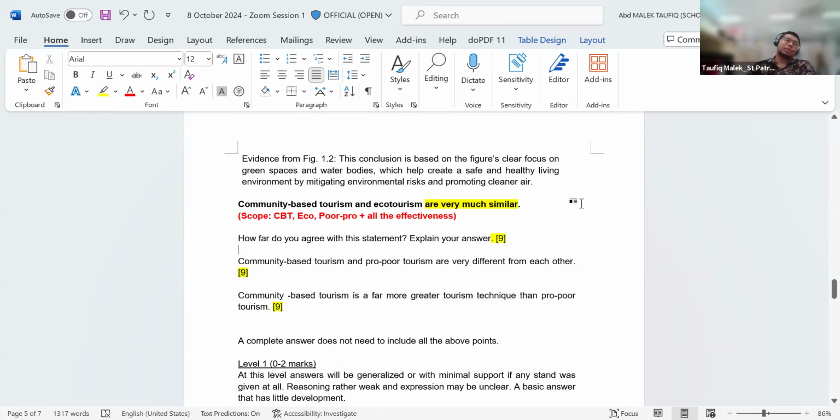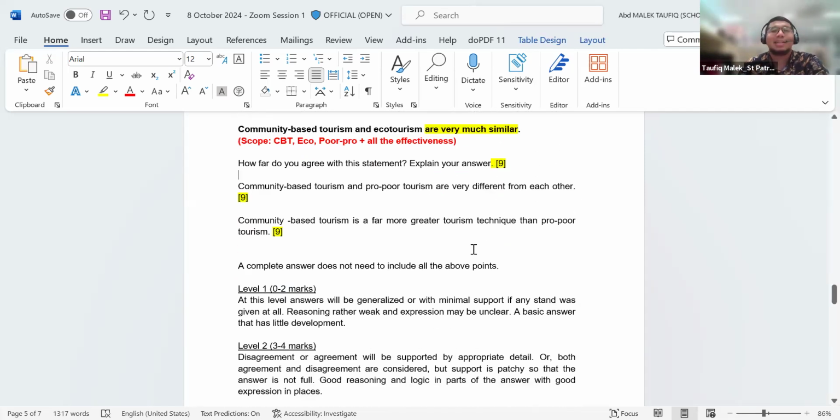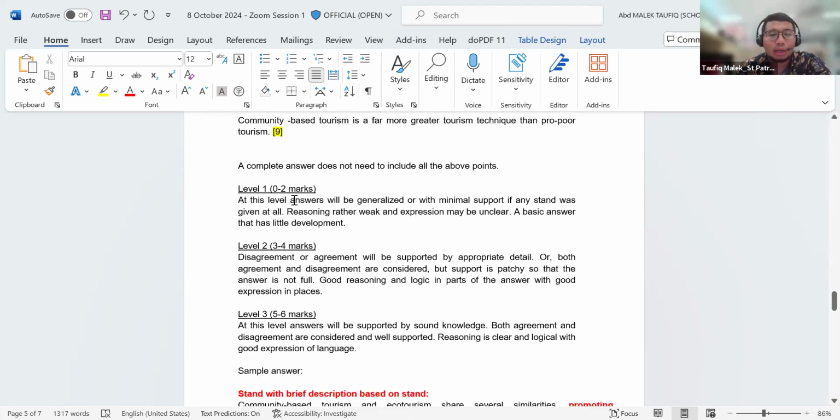So when you look at this question, your SDEE and your success and limitation must be on point. You must know everything about community-based tourism and you must know everything about ecotourism. Must know everything. Okay. So if you look at the level 1 mark, it's just a 0 to 2 marks. Means you didn't provide any stand. It's very weak and it's very unclear. And it's just basic answer lah.